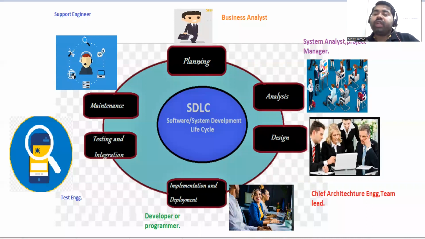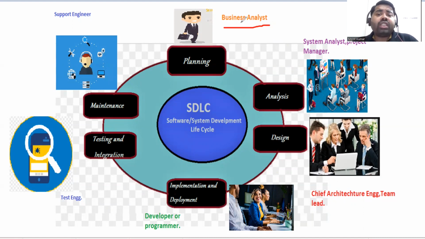First we have the planning phase. In the planning phase, the business analysts are involved. Let me give you one example: we have a company, TCS, and Apple is a client of TCS.